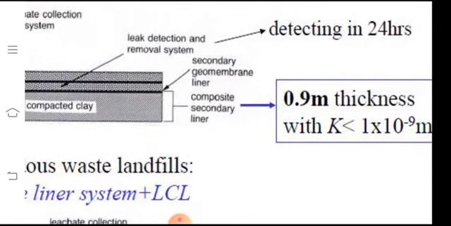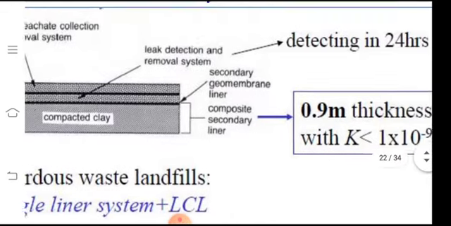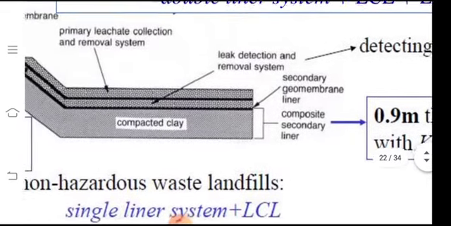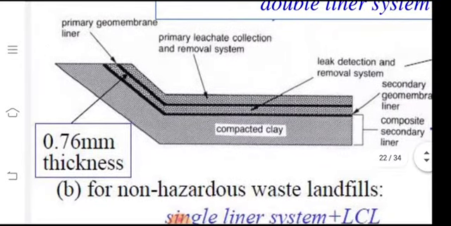We also need a secondary geomembrane liner, then a leak detection and removal system, then the primary geomembrane liner, and the thickness of this is about 0.76 millimeter.